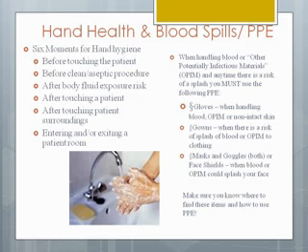Gowns when there is a risk of splash of blood or OPIM to clothing. Mask and goggles, or face shields, when blood or OPIM could splash in your face. Note: make sure you know where to find these items and how to properly use all PPE.